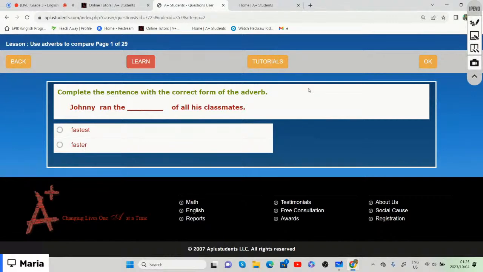We need to choose the correct adverb. So if we compare, then we are going to say the fastest, because Johnny is being compared to basically all of his classmates, and that shows it is more than two people or two actions. So we can say the fastest.